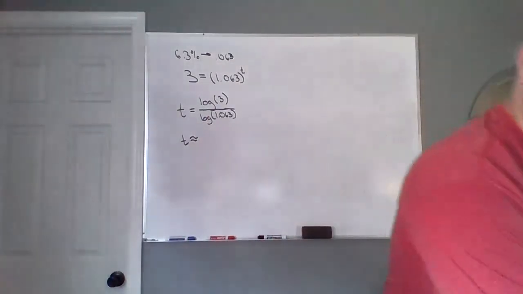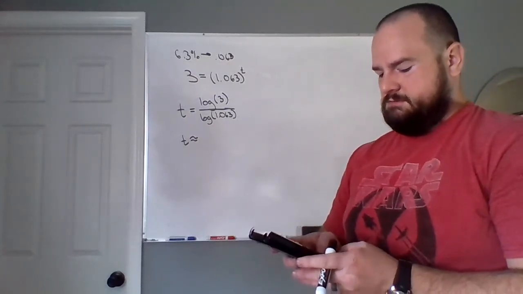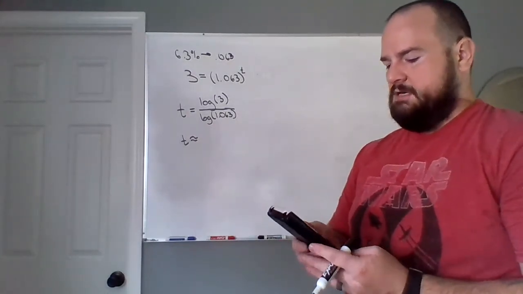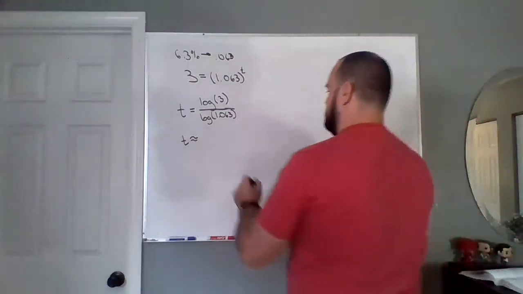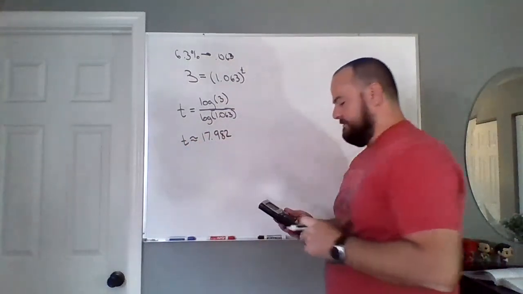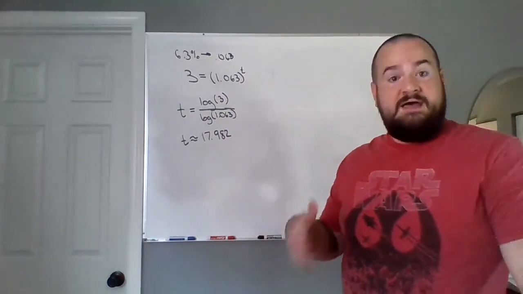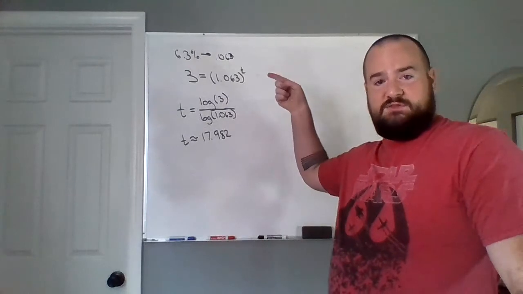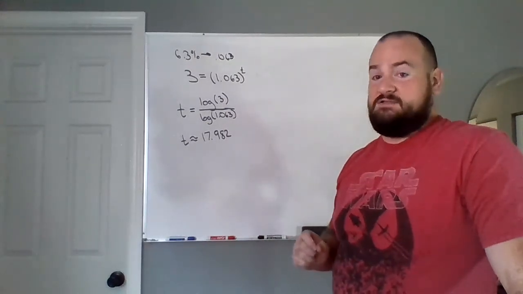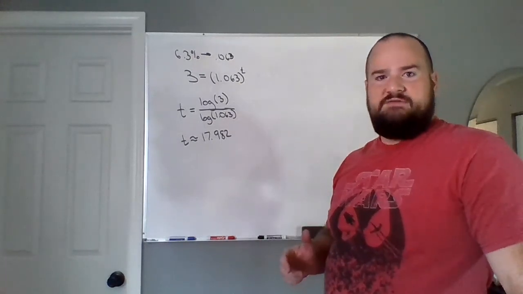Which means t is approximately 17.982. Now you may be going, wait, our last answer was 17.6, so it didn't even take another full year for it to triple. But remember, that was at 4%, this is at 6.3%, so that made things go a little faster. All right, there we have it.